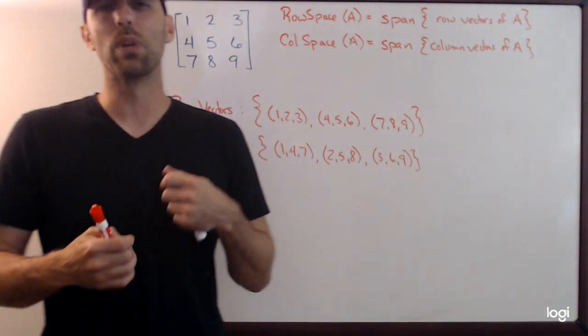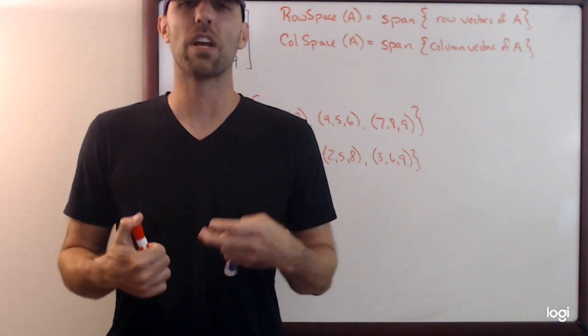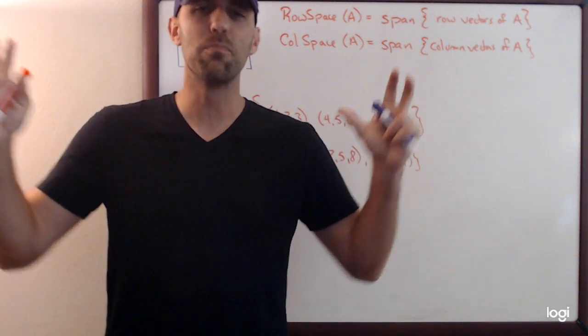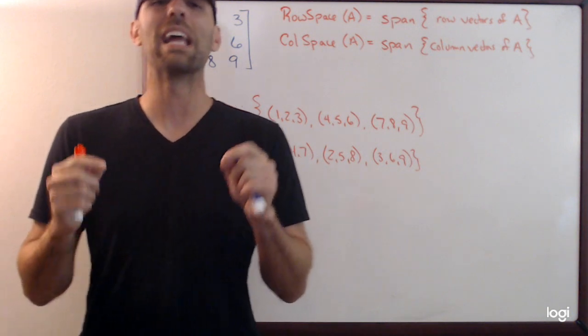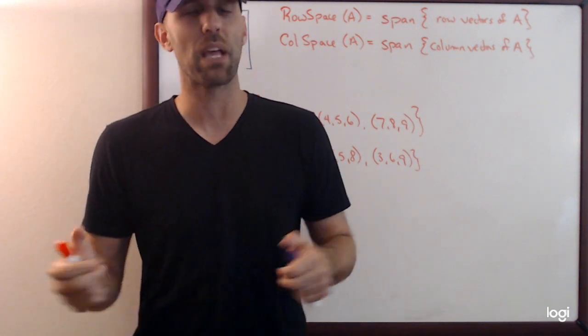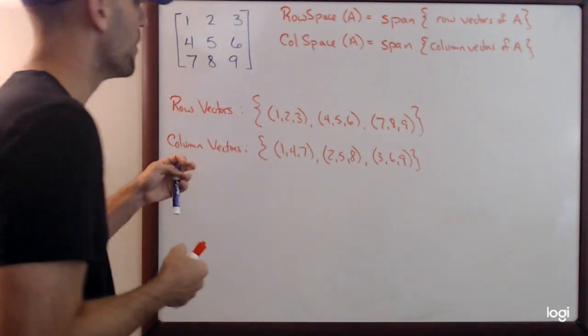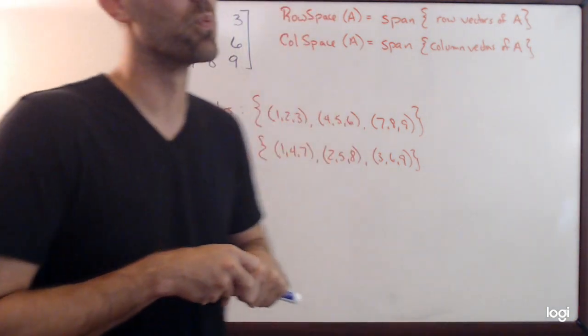And this is what we're really looking to do. The computational aspects of this section are: can you create a basis, a smallest possible spanning set, or a linearly independent spanning set? Can I create a basis for my row space and my column space? We can, and not only can we, it's actually really, really easy.